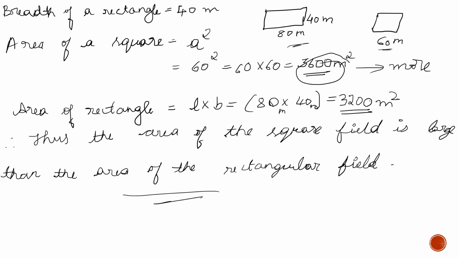We substituted the value of perimeter of the square and found the breadth of the rectangle. Then we found the area of the square, 3600 meters square, and the area of the rectangle, 3200 meters square. Thus we can say that 3600 meters square is more.